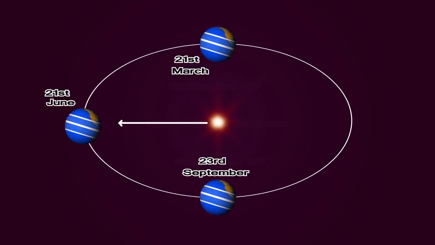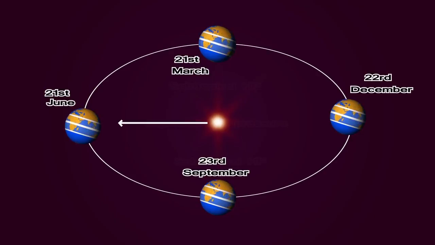Here we understand that the apparent movement of the sun is in the north, because the northern hemisphere is tilted towards the sun. But from 23rd September onwards, the southern hemisphere faces the sun. So the apparent movement of the sun is towards the south. So here, when we come to 22nd December, the vertical rays of the sun fall on the Tropic of Capricorn.